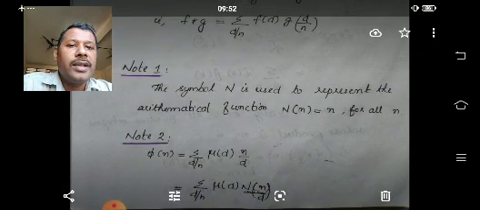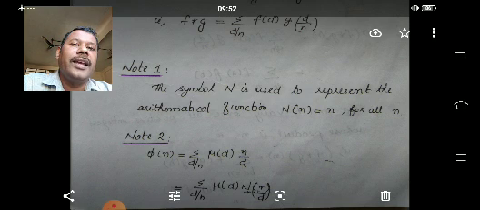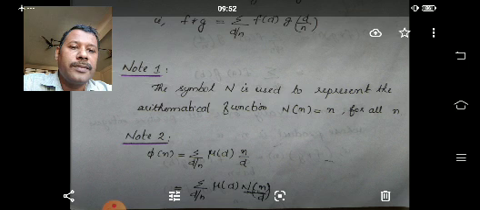The symbol capital N is used to represent the arithmetical function N(n) equal to n for all n. Next, phi of n equals the summation over d dividing n of mu(d) n/d.